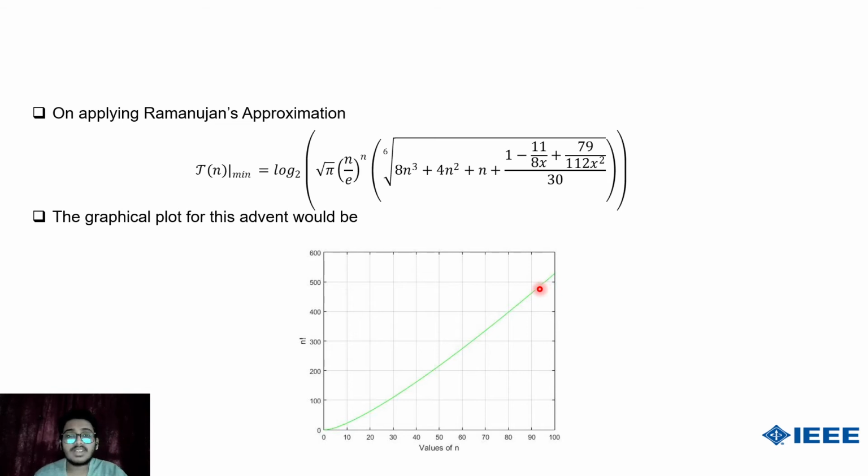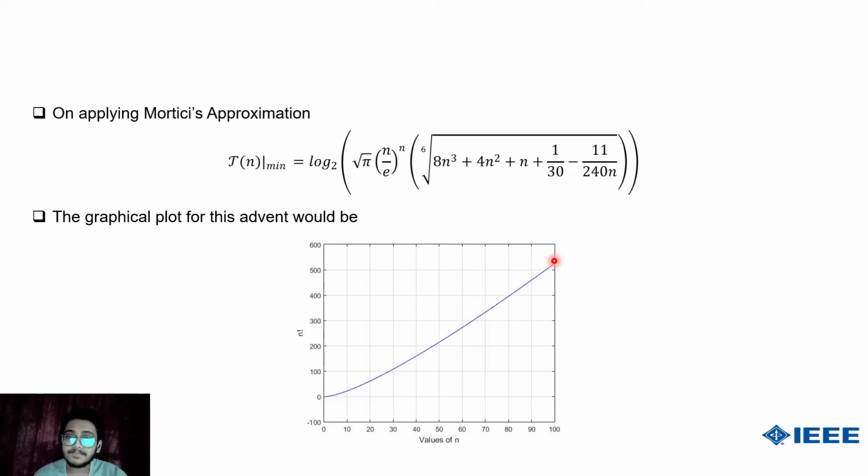By making use of Ramanujan's approximation, we will get minimal time complexity like this, and the path it follows is similar to the previous one. And by making use of the Mortici approximation, we will get something like this, and the curve is again the same.